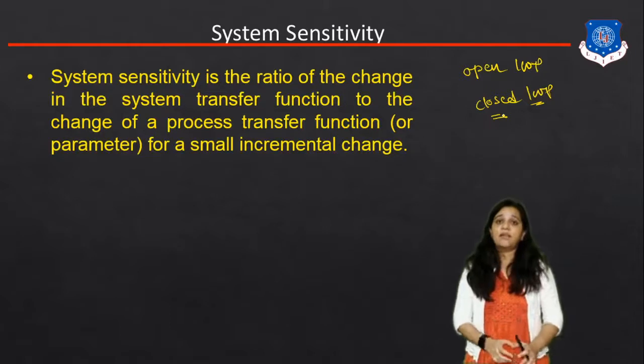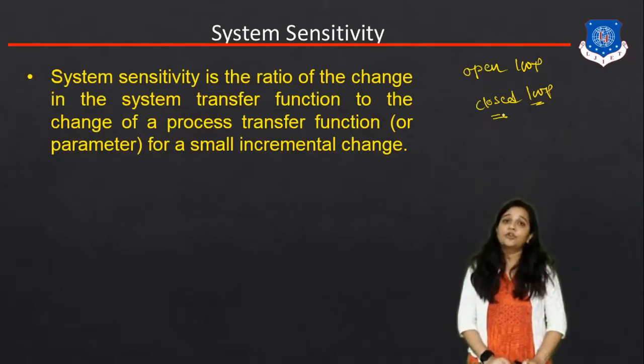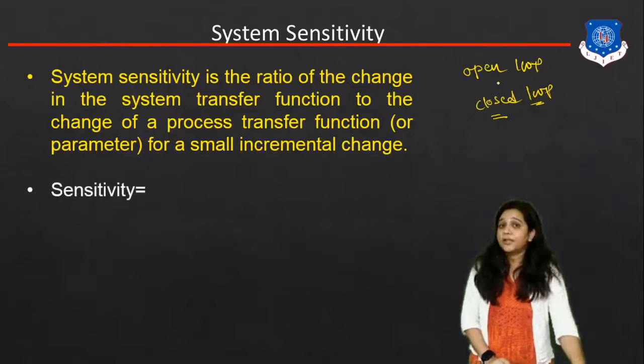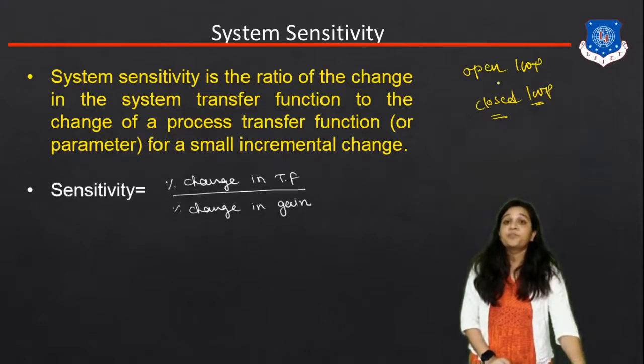These disadvantages are overcome by the closed loop system because, as we discussed earlier, in the closed loop system we can take a feedback control loop, and with the feedback signal we can get an error signal using the summing point. Using this error signal we can minimize the error and get the perfect output. So what is the equation of the sensitivity?